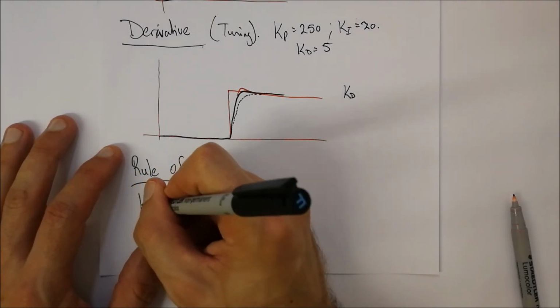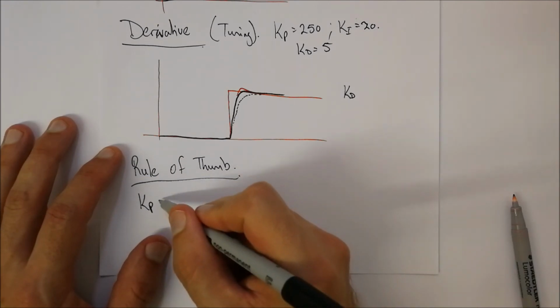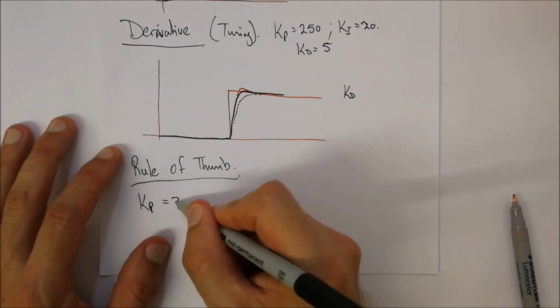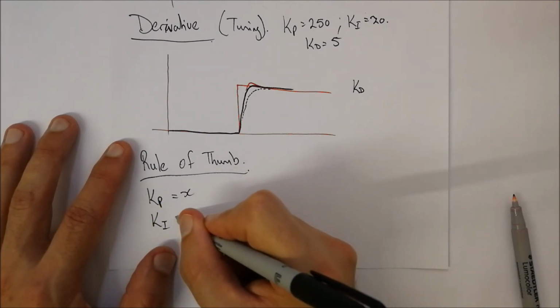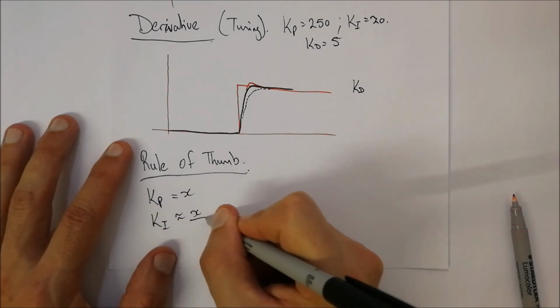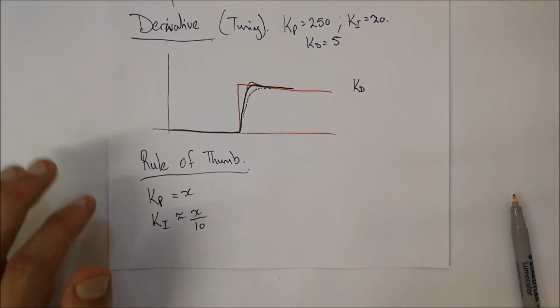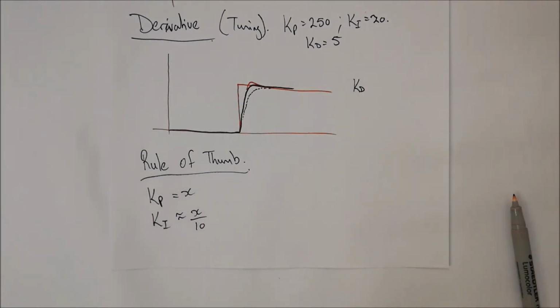Once you get your Kp value, it might be equal to, let's say, X. Rule of thumb is that your Ki value would be roughly equal to X over 10. I've seen that happen, that it's roughly that amount.